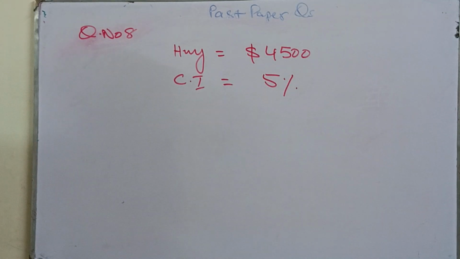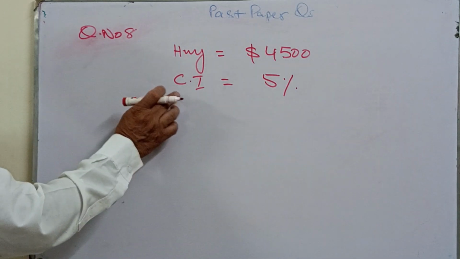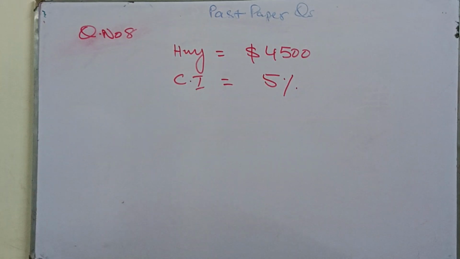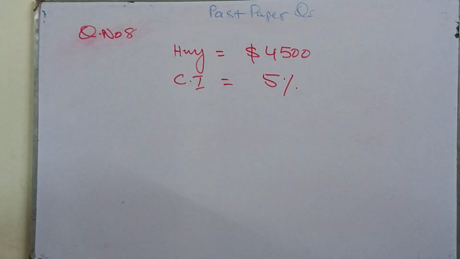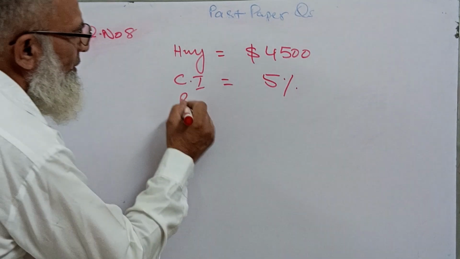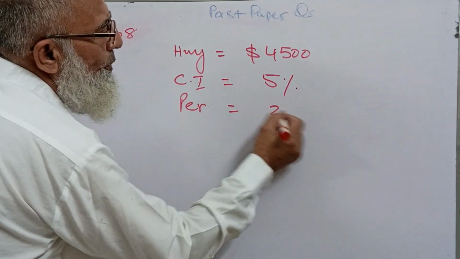There is a special formula for this compound interest, but I am going to do it with the linear method. I am not going to bother with the formula because the period is only 2 years.